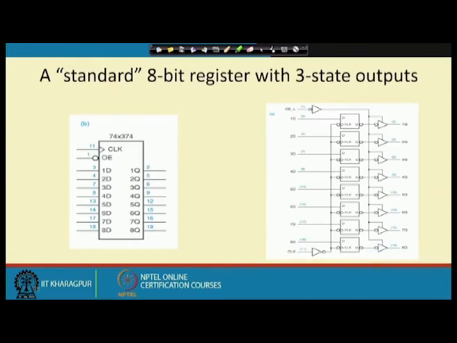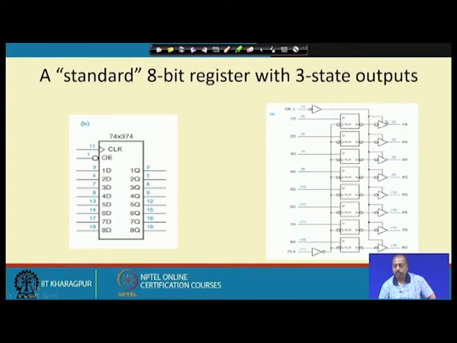Like this 74374. This is a chip where we have two controls. One is the standard clock, and there is another pin known as output enable or OE bar line. If you look into this logic diagram, it shows that the OE bar line is connected to these tri-state buffers. If this OE bar line is 0, then this will become equal to 1.